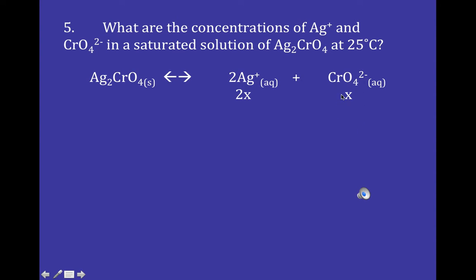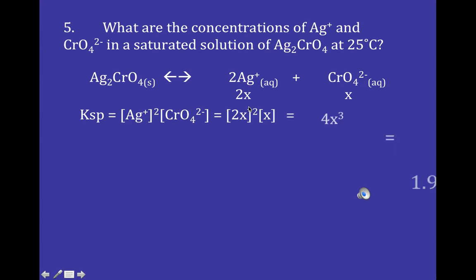And the chromate, the concentration of it, will equal the solubility, and the concentration of silver ions will be twice that value, because we have the 2 here and 2x. So we're going to have our usual 4x cubed thing. And here we go. 4x cubed equals 1.9 times 10 to the minus 12.